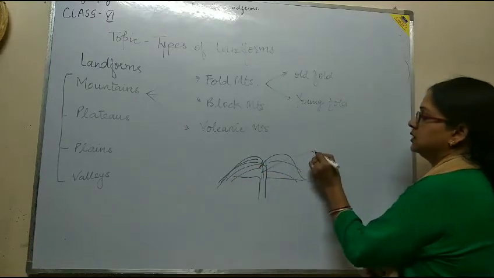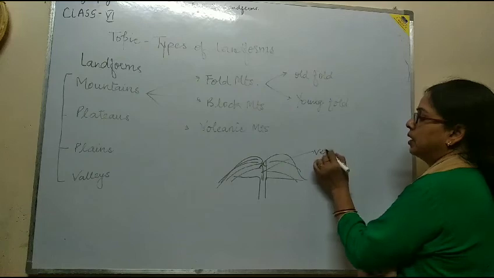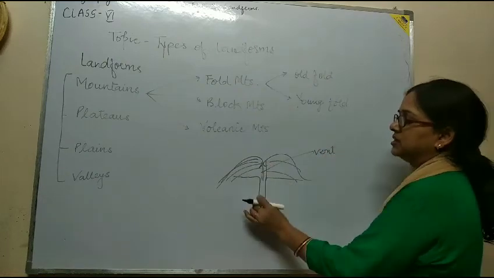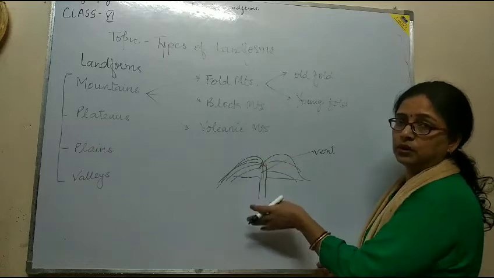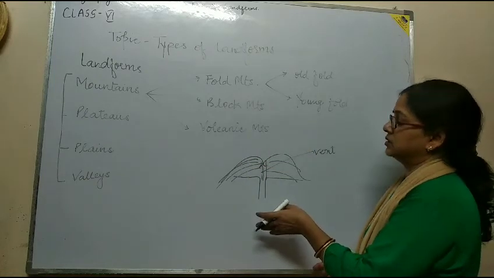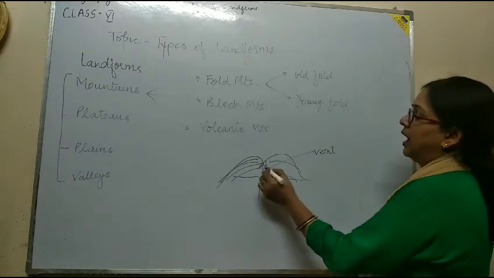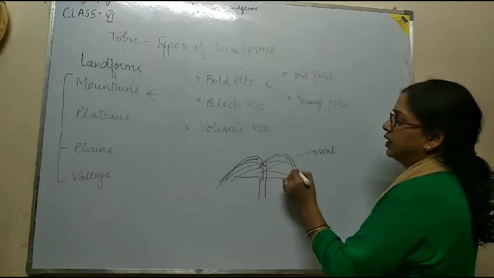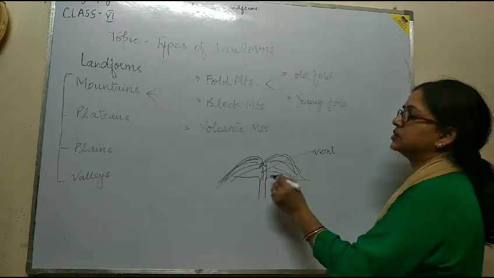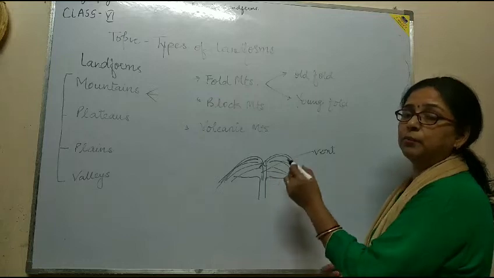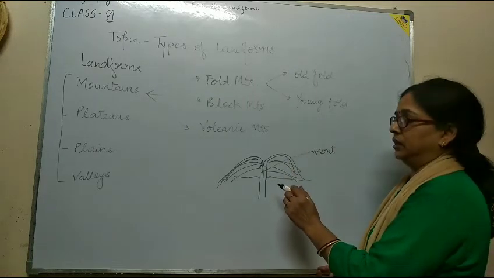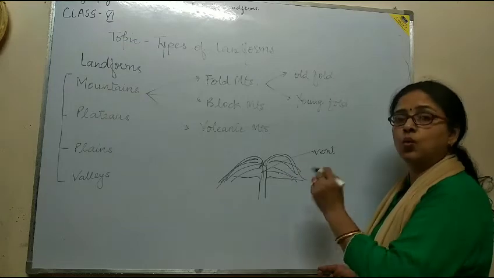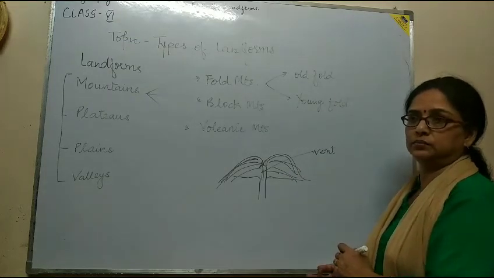This is called the vent, the part of the passage from where the magma comes out from inside the earth, and it starts solidifying over a period of time. It gets solidified, forming the shape of a mountain. This is called a volcanic mountain.